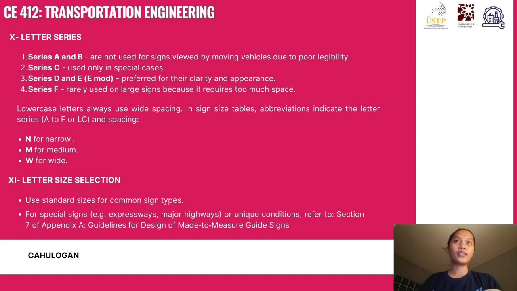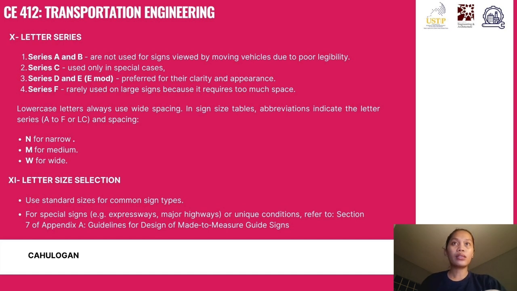Series C is only used in special cases. Series D and E, or E modified, are preferable because of their clarity and appearance. And series F is rarely used on large signs because it requires too much space.